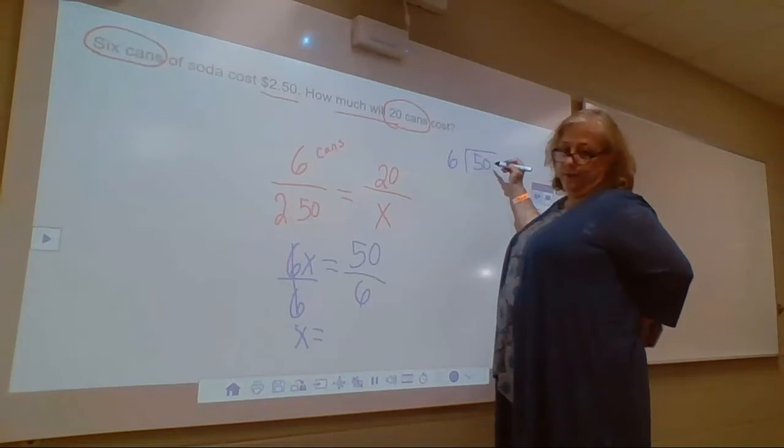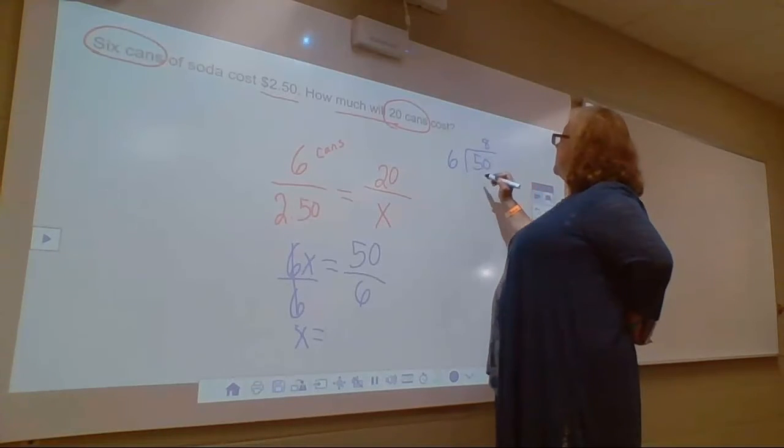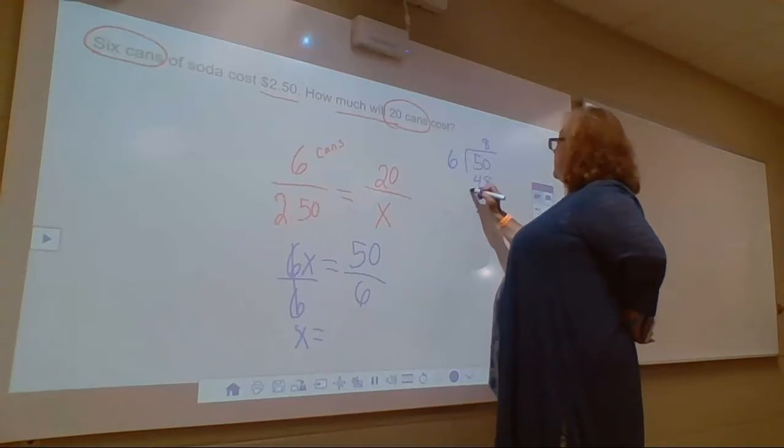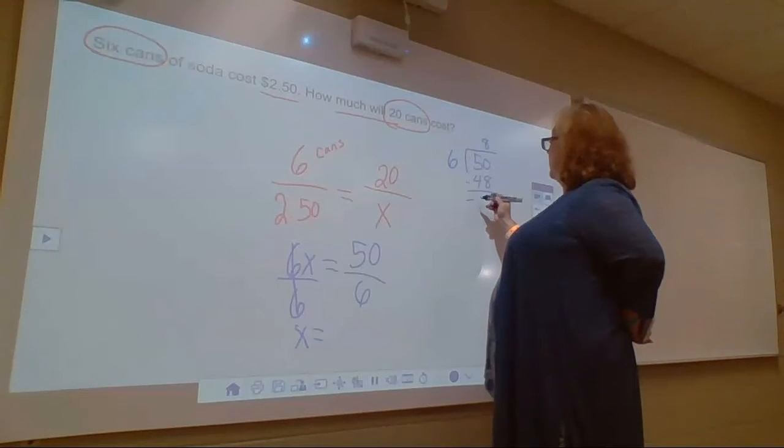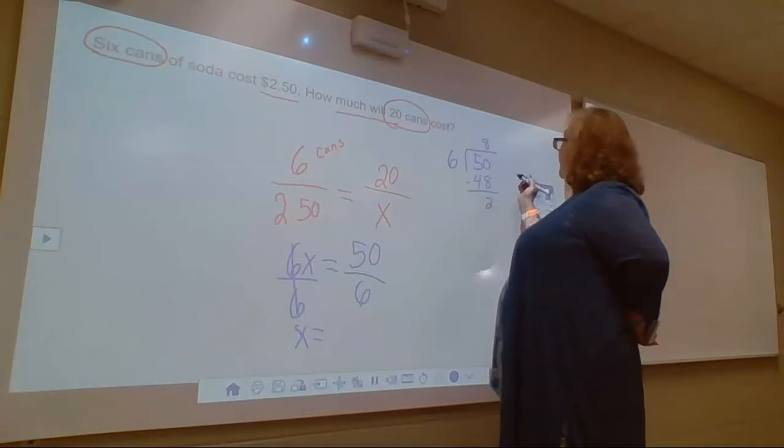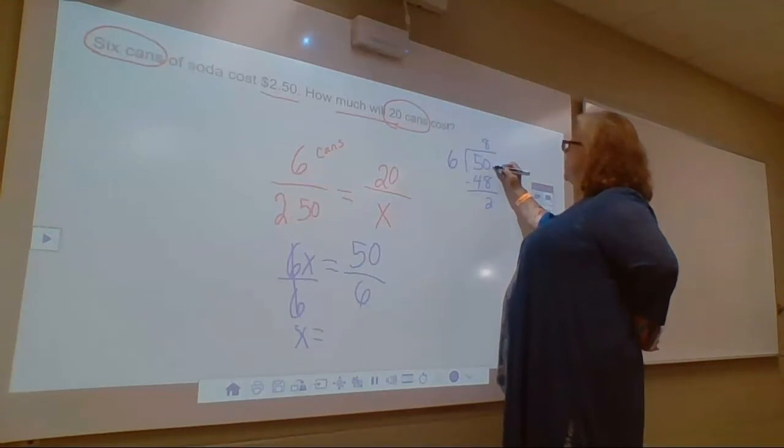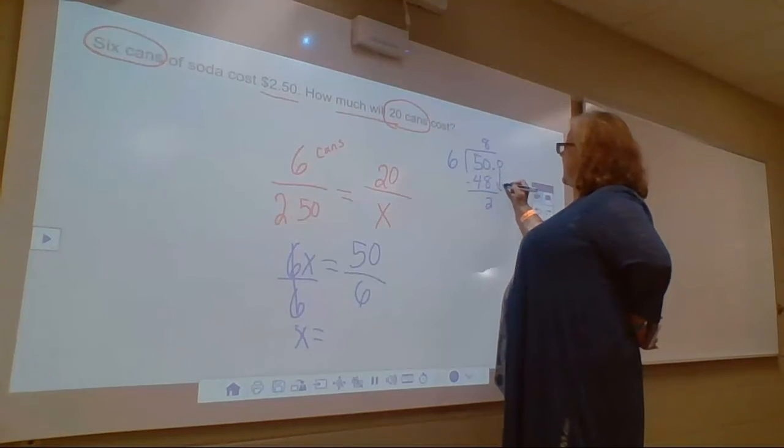The 6 will go into 50 8 times. That would be 48. We subtract and we get 2. Okay? I'm going to put a decimal point here and a 0 because I have a remainder.